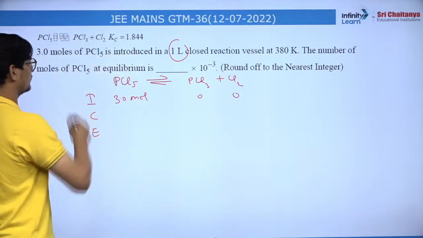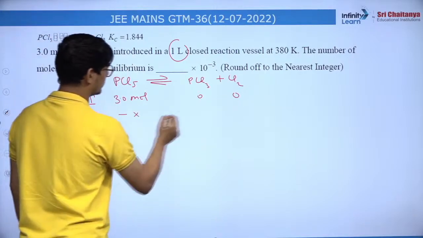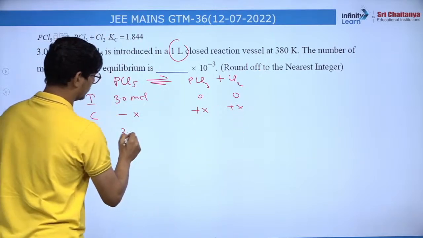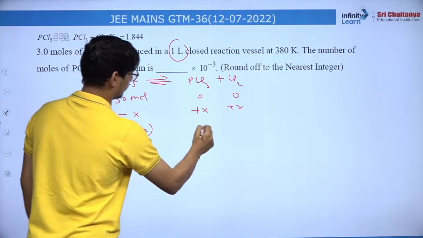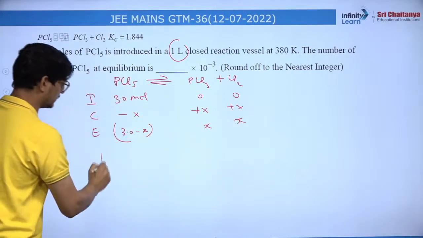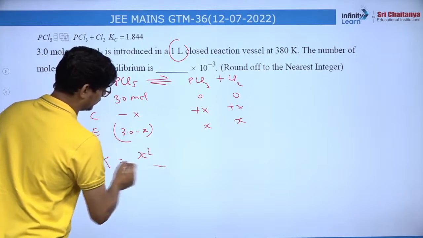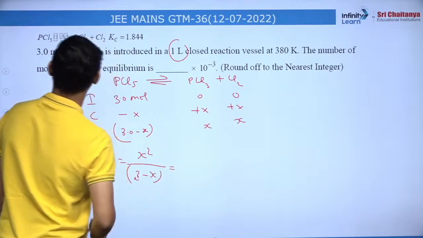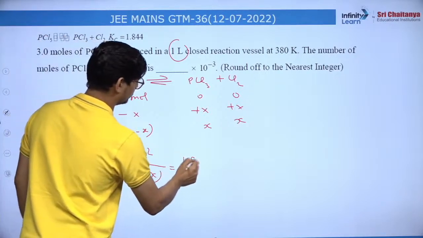The change is minus x, plus x, plus x. At equilibrium this is 3 minus x, then x and then x. So you write the expression for the equilibrium constant, which would be x square divided by 3 minus x, and this is given to be 1.844.